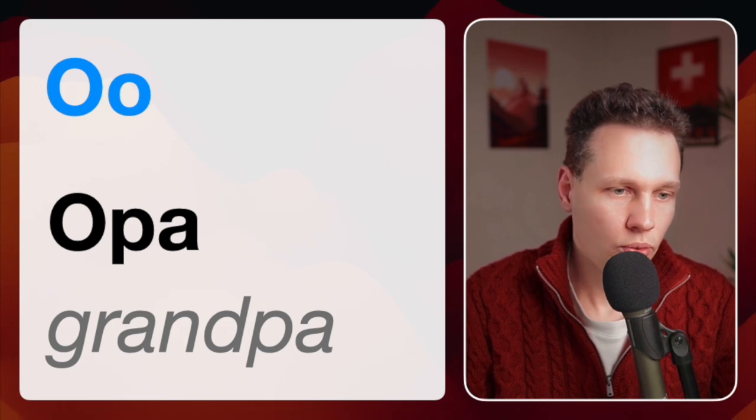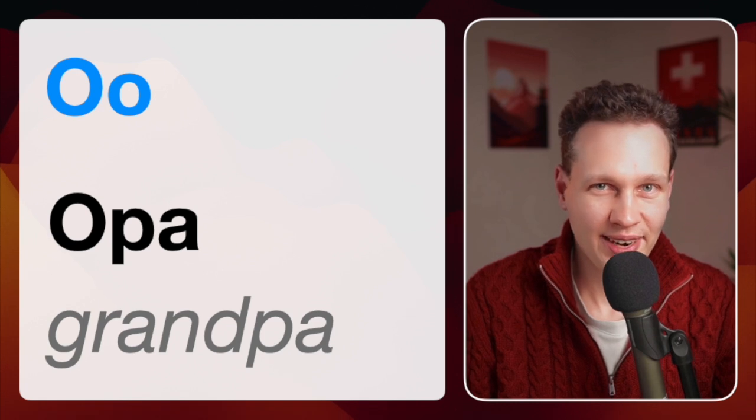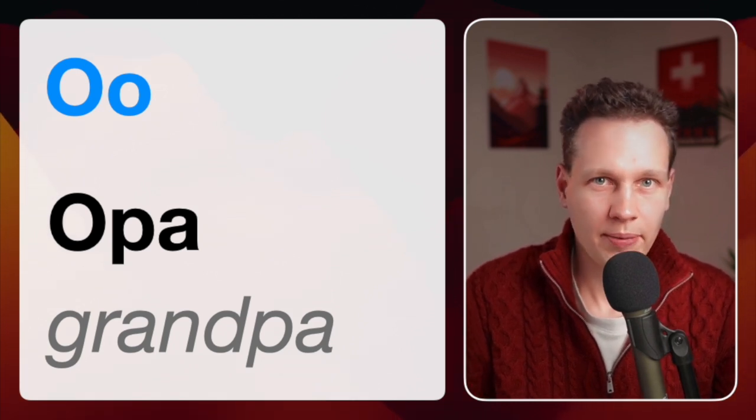And O we can say Opa, that means grandpa, Opa, not to be confused with Korean Oppa, which is an older man for a girl. But anyways, this is a German lesson, not a Korean lesson. So O as in Opa. And then P as Papa, which means dad, Papa.